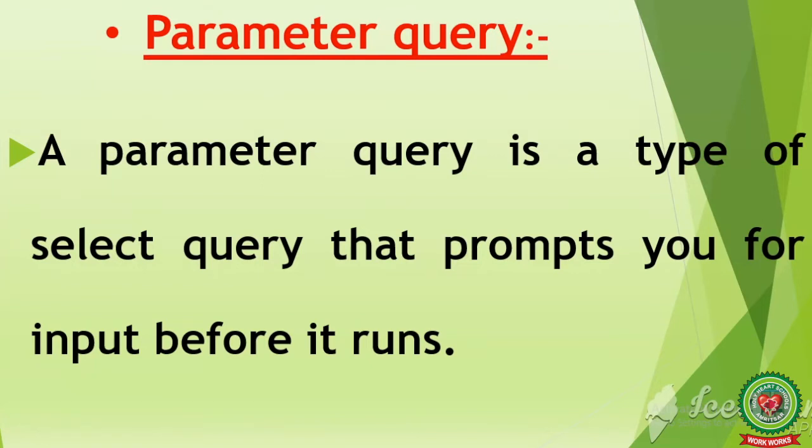The query then uses your input as a criteria that controls the results. For example, you can design it to prompt for two dates. Access will then retrieve all the data with values between the specified two dates.